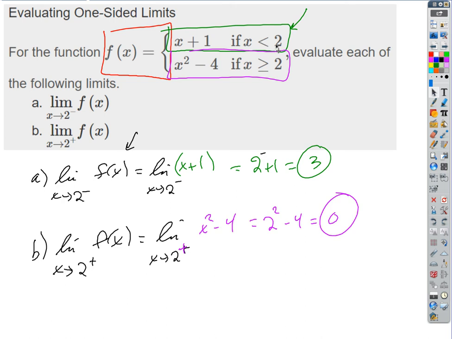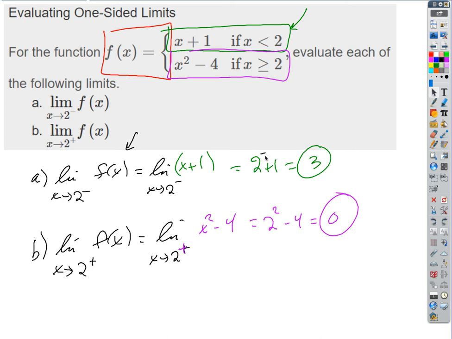So when we evaluate this limit directly, we would be plugging in the top function. And the fact that we're plugging in 2 from the left, do we really need that negative sign there? No, we don't. We're just plugging in 2, that's the value we're approaching. But the direction is important here because it prescribes green versus purple function, the behavior.